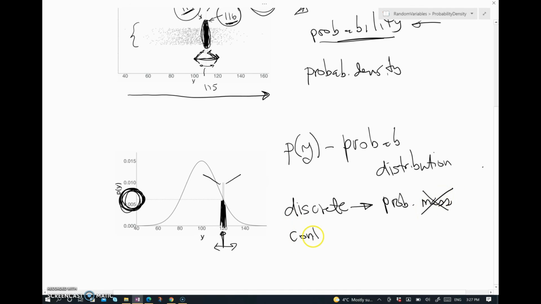And if it's continuous, we'll be talking about the probability density, which again, as a review, is just the probability mass divided by this distance as that distance becomes infinitely small.